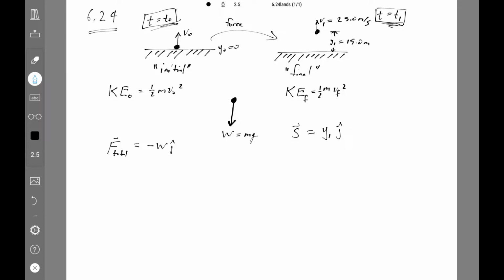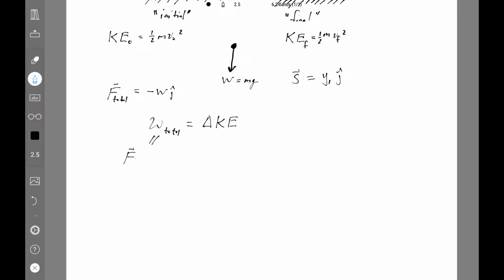So the total work being equal to the change in kinetic energy, because that's the work energy theorem. So the work total is just the total force acting on the rock dotted into the displacement, since the force is constant. No integration needed, and I have negative w j hat dotted into y1 j hat.